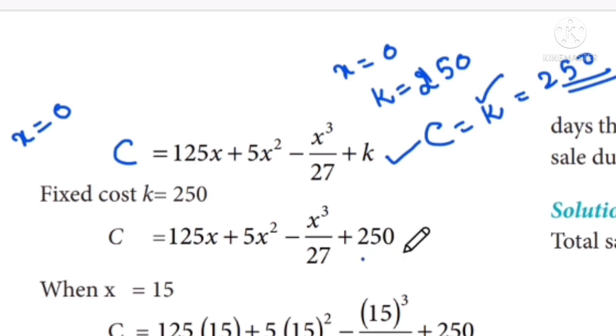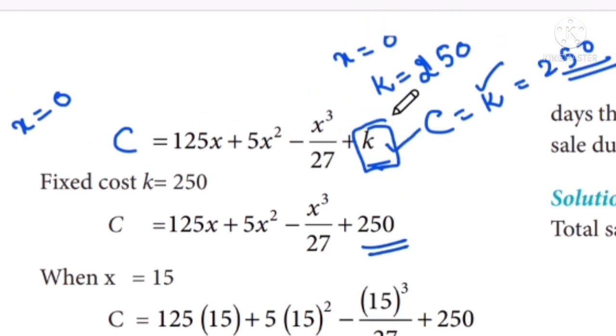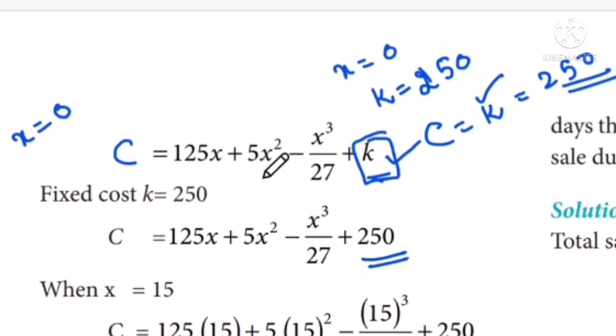So put k as 250. Now when x is 15, the fixed cost, that is k, is not depending on x. So leave all these x terms and this is your fixed cost, 250. Or you put x is 0, you get the fixed cost.